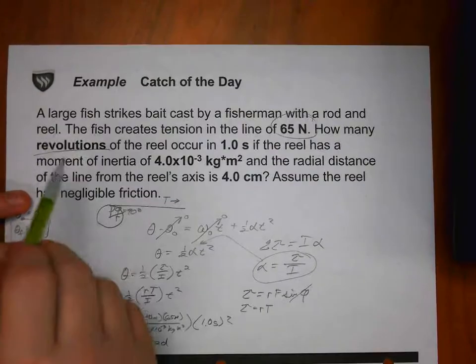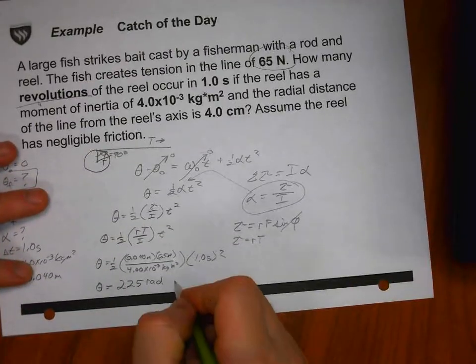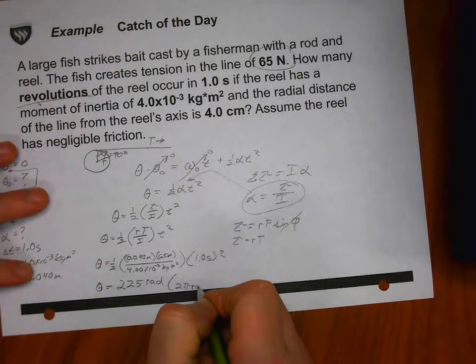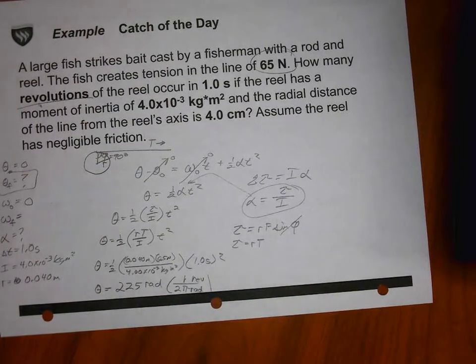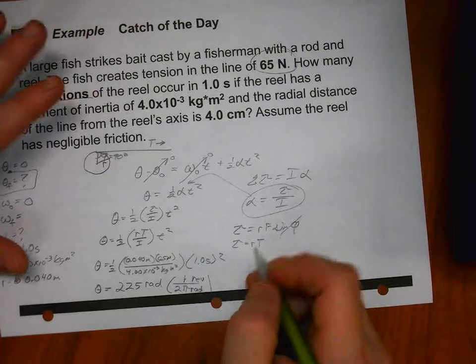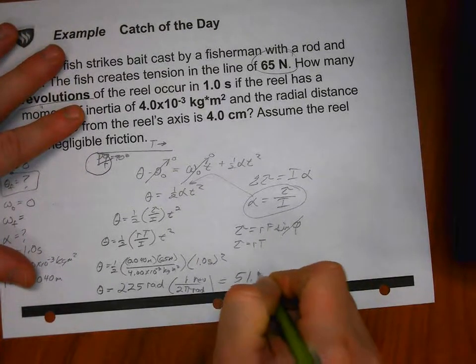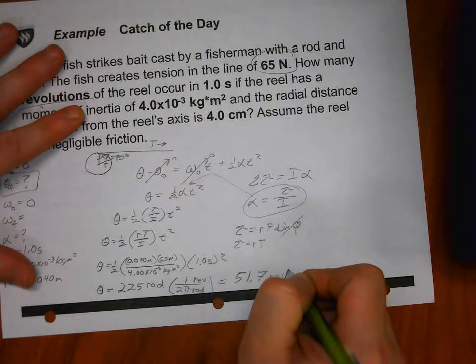The question asks for revolutions. So let's divide by 2 pi radians in any one revolution, and that is equal to 51.7 revolutions.